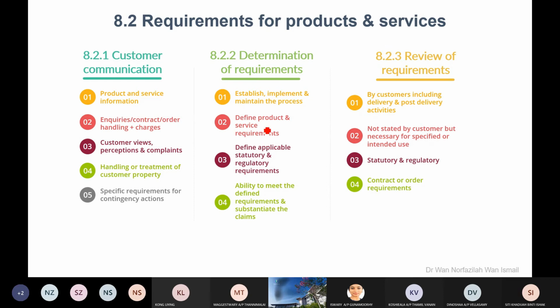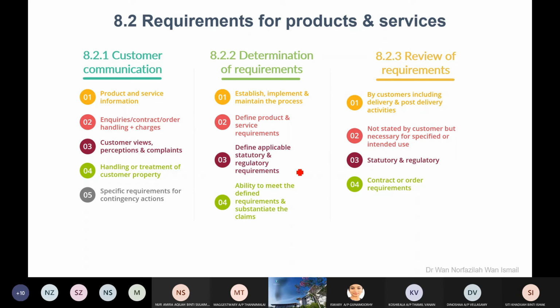Define product and service requirements. This is very straightforward, I already explained it to you in 8.1. Define applicable statutory and regulatory requirements. This one, we are talking about law. If handling chemicals, we have the Chemist Act, Akta Kimia Kebangsaan. That is one of the examples.